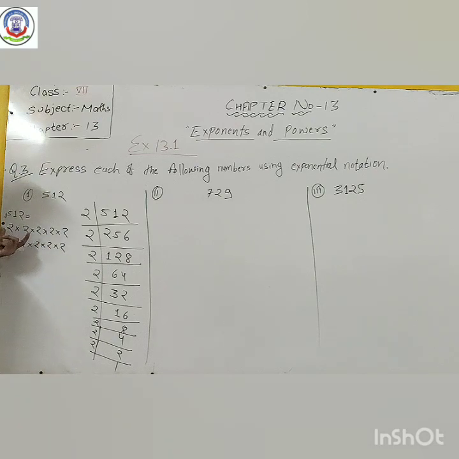So it can be written with 2 as the base, and the power is how many times it is repeated: 9 times. So 512 can be written in exponential form as 2 raised to the power 9. Hope you are clear.